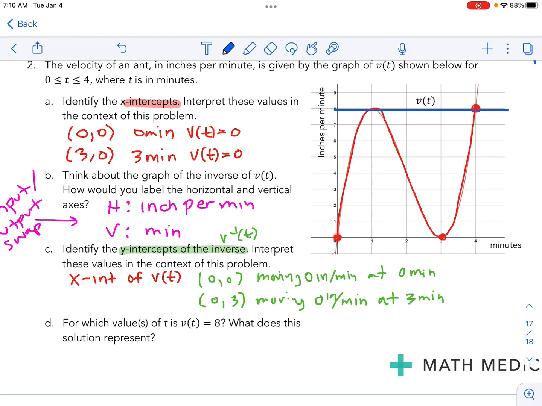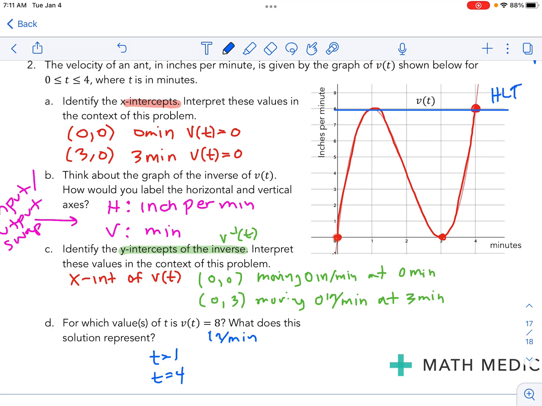So v of t is equal to, when are we going 8 inches per minute? And we're doing that when t equals 1 and when t equals 4. And if you look at this, basically when I drew this line here at 8, this could turn into our horizontal line test.